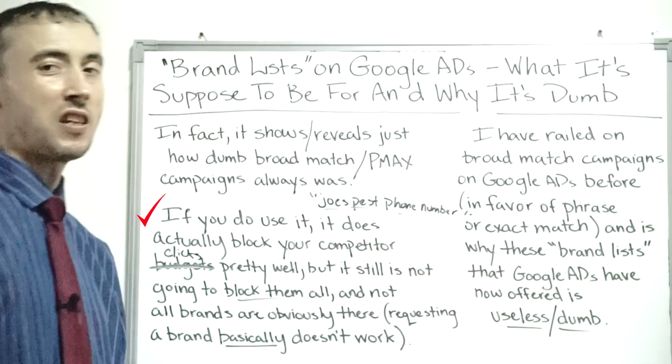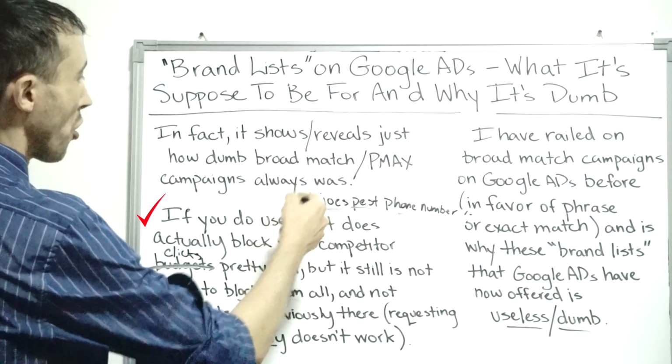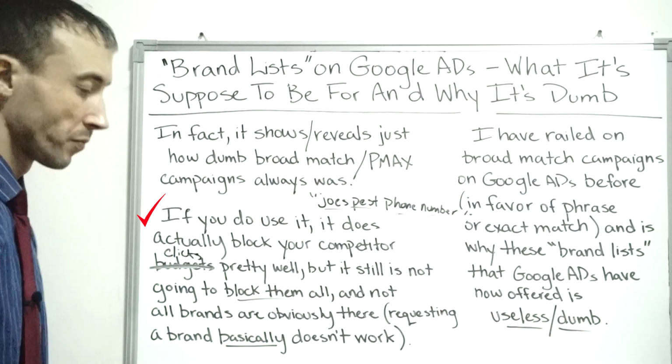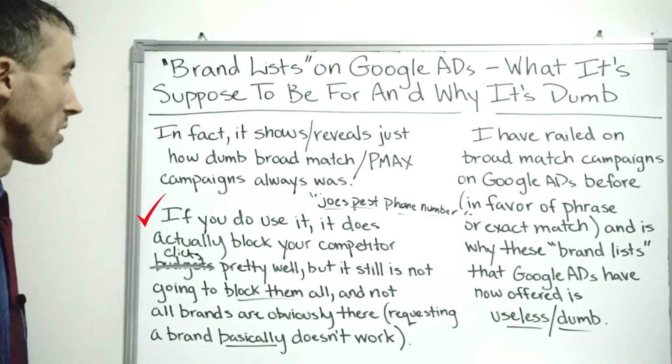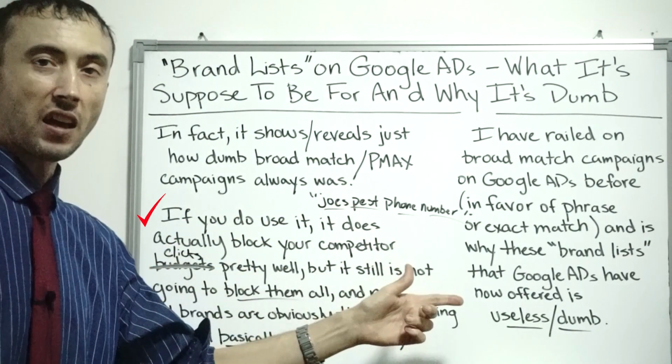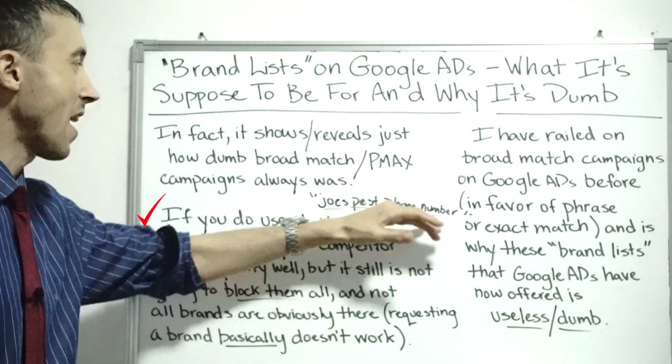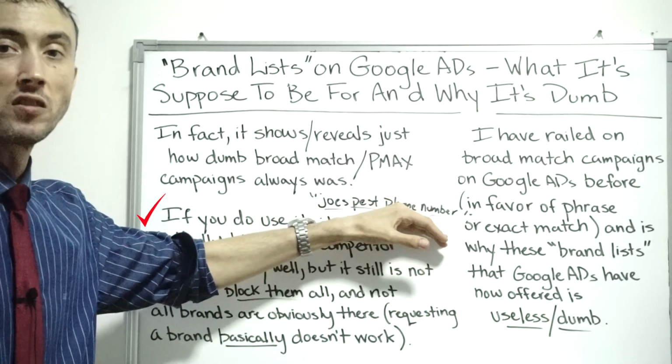If someone typed that in, it'd be nice if you added Joe's Pest in the brands list, that it would block it, because that in and of itself only gets searched maybe once a month.